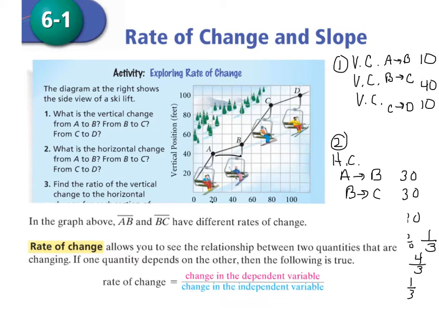Now remember which letter represents dependent here. That would be the change in y. Your vertical position depends on the horizontal position. So your rate of change is the change in the dependent variable divided by the change in the independent variable.